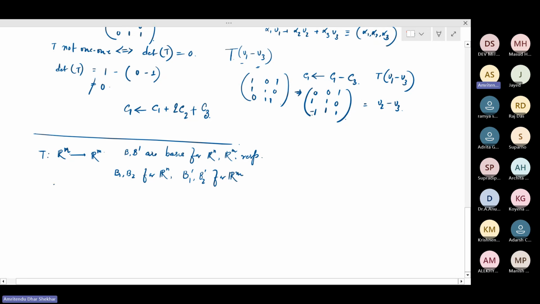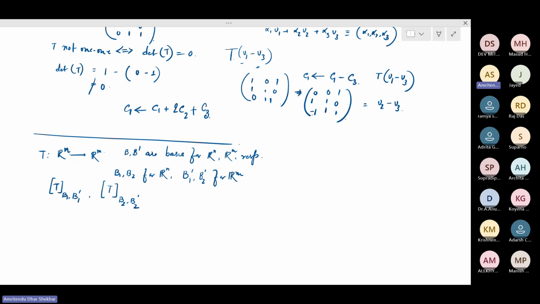If I know the matrix of T with respect to B1 and B1 prime, I can ask what is the matrix of T with respect to B2 and B2 prime. In order to do that, you make use of a coordinate change relation.